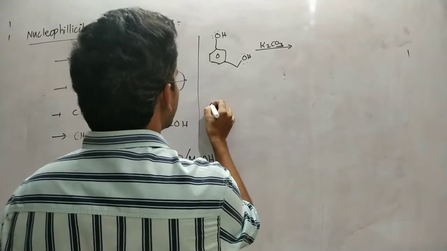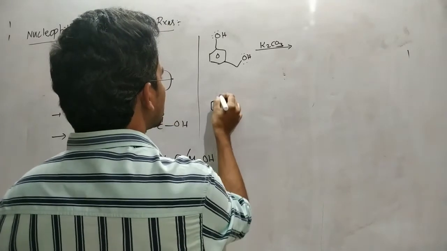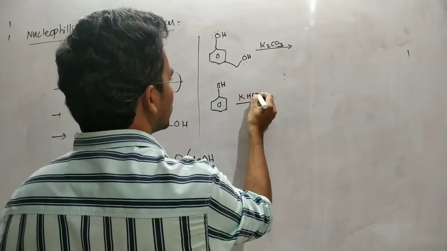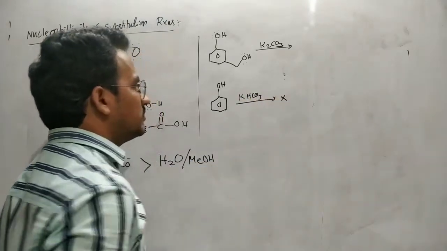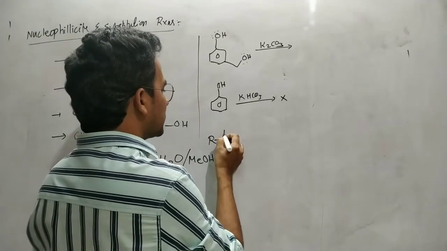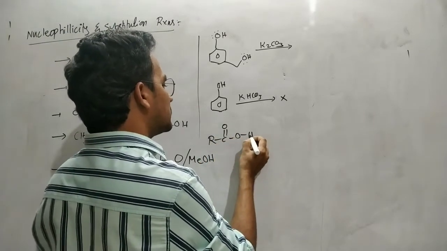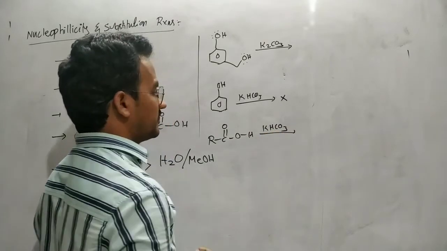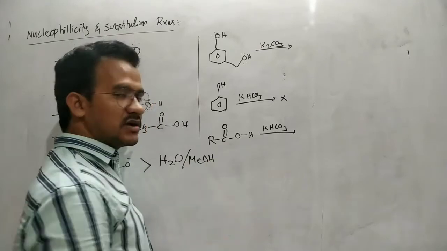Generally we know that phenols do not react with sodium bicarbonate or potassium bicarbonate. No reaction with potassium bicarbonate. But a carboxylic acid can react with potassium bicarbonate or sodium bicarbonate, because it is a more acidic compound.